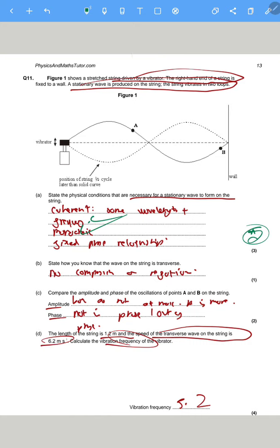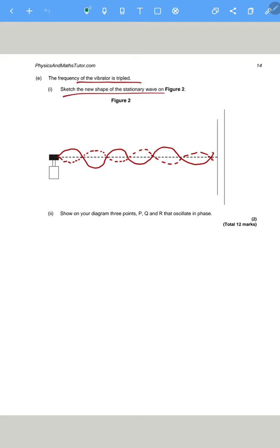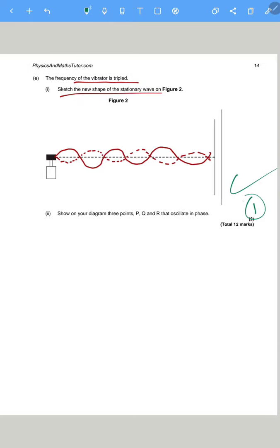Displacement perpendicular to the rest position. The composition, state how you know. There's no compression and rarefaction. Displacement is perpendicular. Well, that's not the answer they put. It's still not wrong, but A is larger. Yep. And out of phase. Yes. Then 5.2. Yeah. And then 6 loops. Yep. And that is 1 mark because I just didn't do this one for some reason.